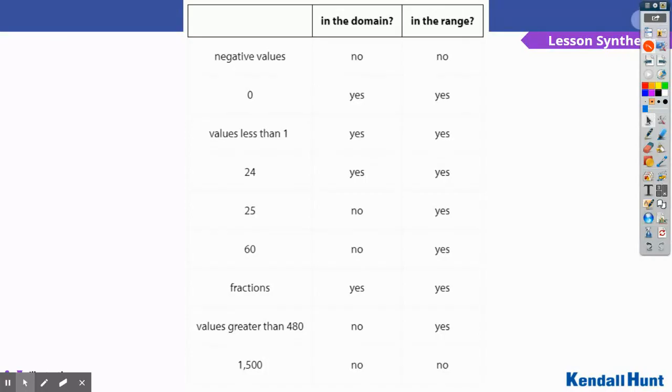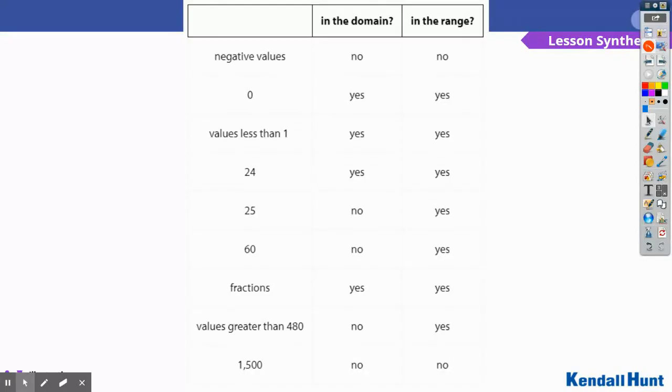All right, so in this table, I've already done it for you. So if our input is the number of hours that a person sleeps, we can't have negative hours because you can't sleep negative times. 0, sure, a person could sleep none in a 24-hour period. Could we have values less than 1? Well, they could sleep for a half hour, so that would be less than 1.